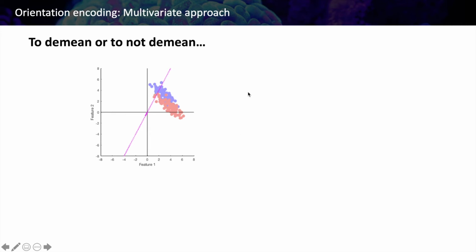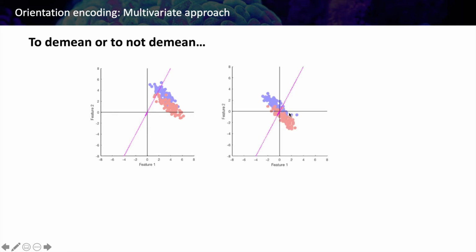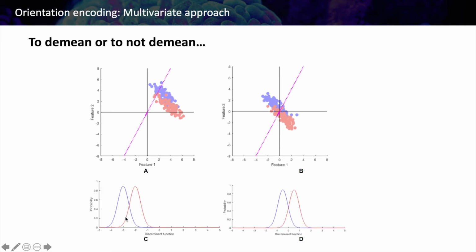Demeaning basically consists of this: if you have two clouds of dots, that in this case, as you can see, could be decodable by a classifier, they can be separated along this axis very easily. If you demean them, you are simply moving this cloud of dots and centering around 0. So if your objective is to classify one condition versus the other, demeaning the data wouldn't make any difference, because the relative distance between the two variables is still the same in a non-demeaned space or in a demeaned space.